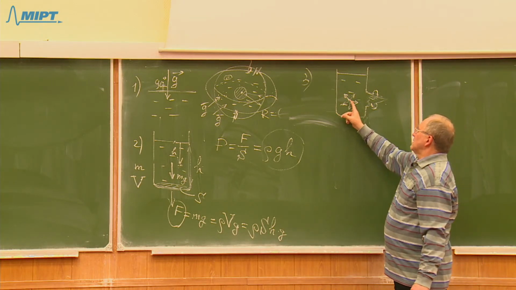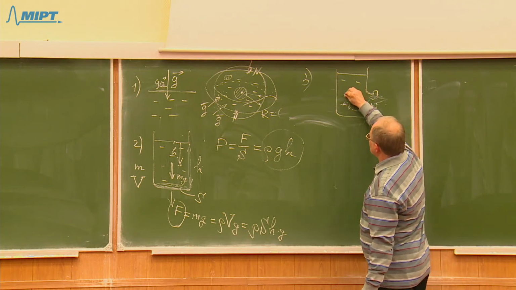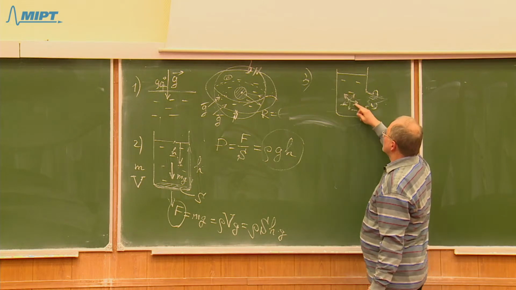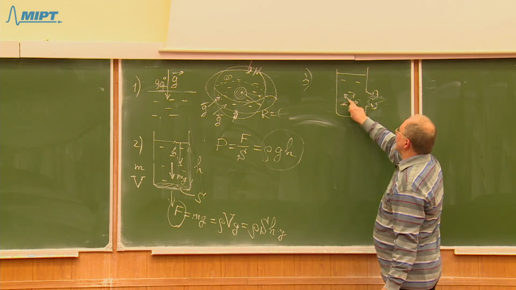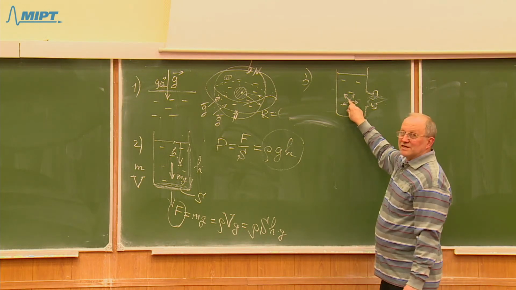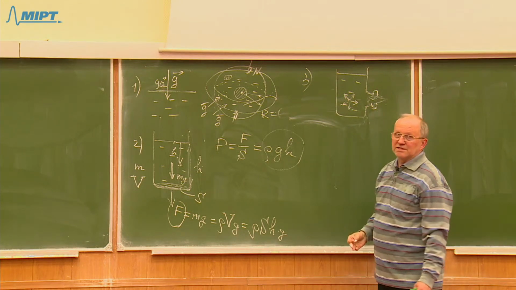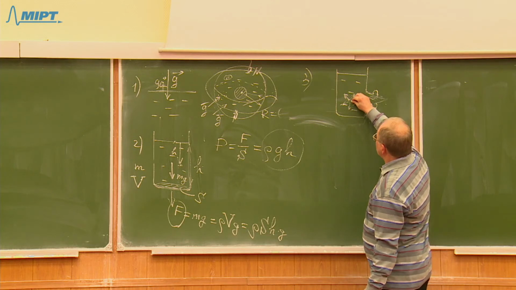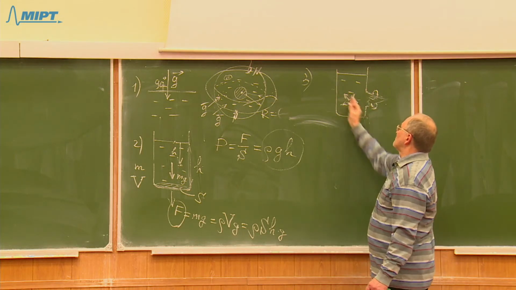So in this case, if I choose any direction and I find that pressure is acting on this chosen volume of liquid in one direction, then based on the fact that this small volume of liquid is at rest, it doesn't move because all the liquid is in static equilibrium, we can conclude that there must be an equal and oppositely directed force of pressure.